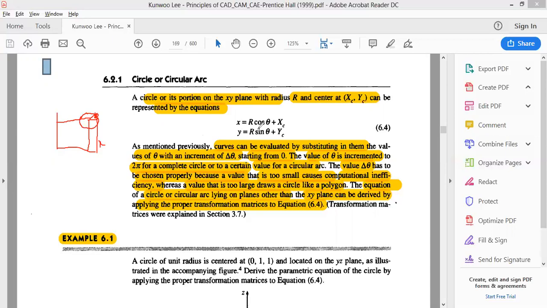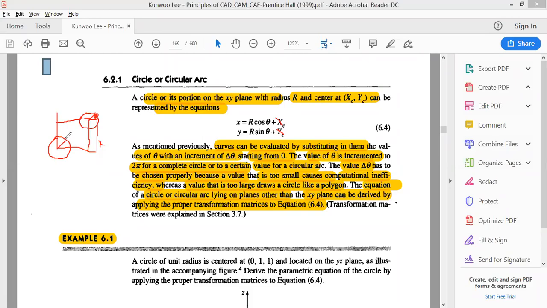Similarly, when we want a y coordinate value anywhere on the circumference, it's going to be r sin theta plus yc. Since the circle is not exactly at the center of the axes, that is at 0 comma 0, the distance from the axis also has to be added. If the circle was exactly at the center, 0 comma 0, having a radius r, then xc and yc are not required to calculate any point on this circumference.